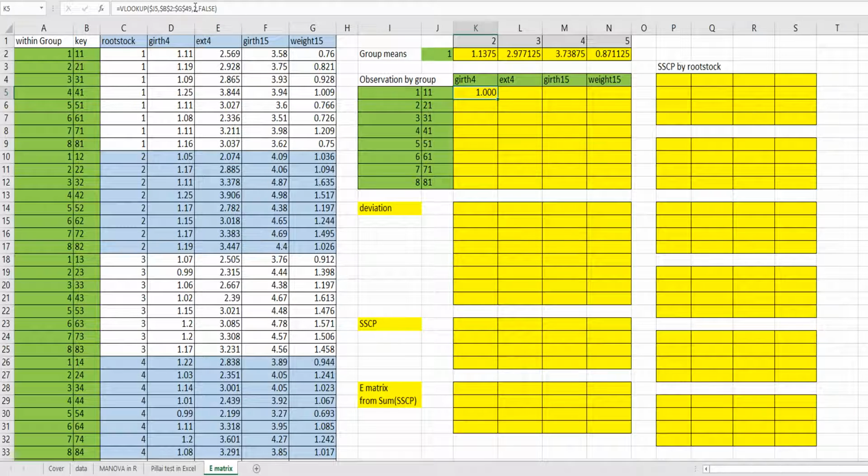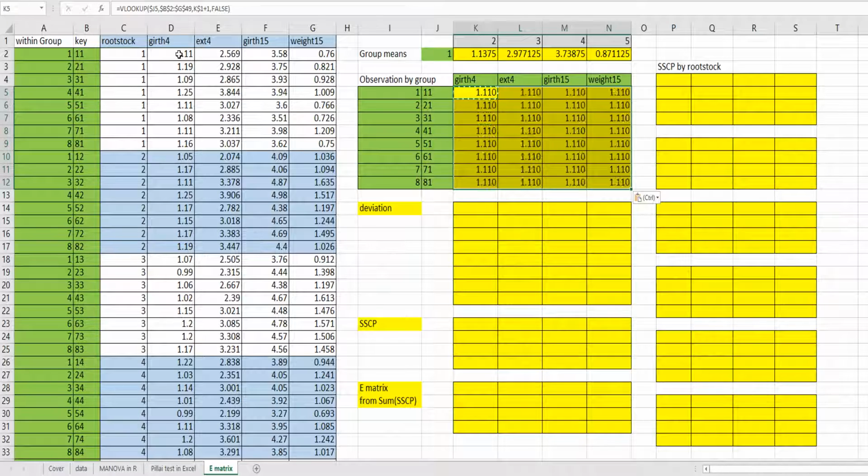Second, third column here. So instead of using this one, we can use this one, fix row plus 1. Then we can get the third column for group 4 data. Okay, then we can apply this formula for other cells. So if you change the group number, then you can get different group observation data.